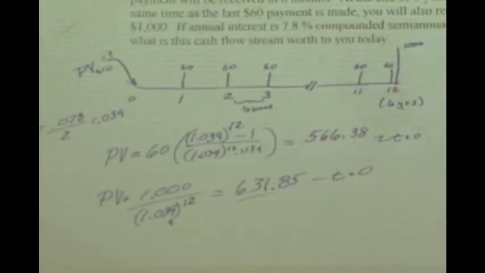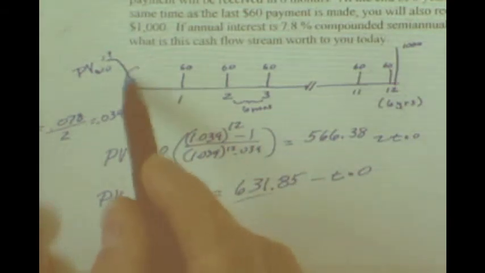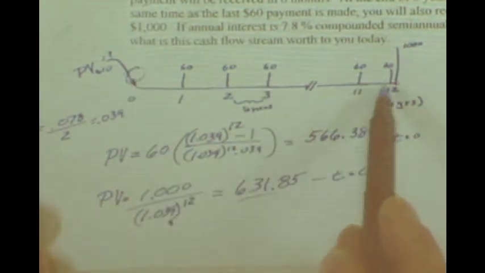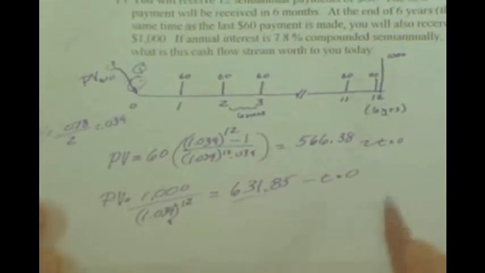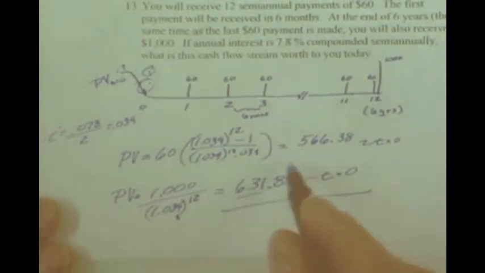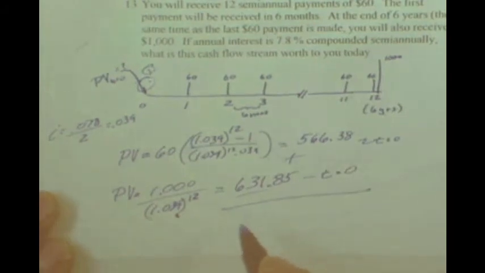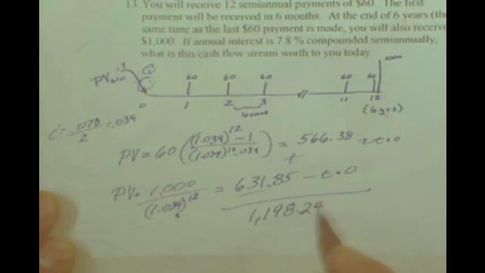Because I have now found two amounts, the present value of the annuity and the present value of that lump sum, and they're both sitting at time zero, I can add them together to get an answer of $1,198.24.